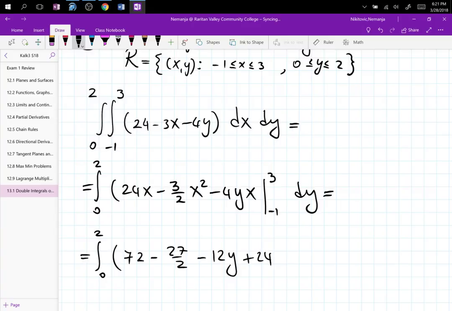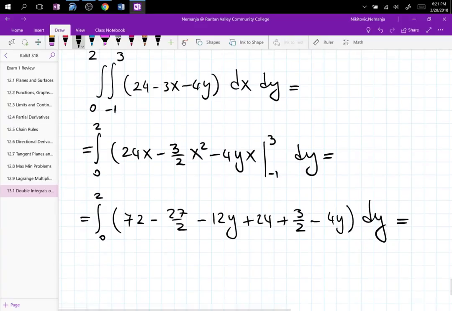Now x squared, that kills the minus, but you have a minus, and the minus, this is 3 plus 3/2. And then over here you have a minus from the formula, minus from the term, minus from the -1. So that's 3 minus signs all together. And we get 4y. We still have dy at the end because we did not do the y integral yet.